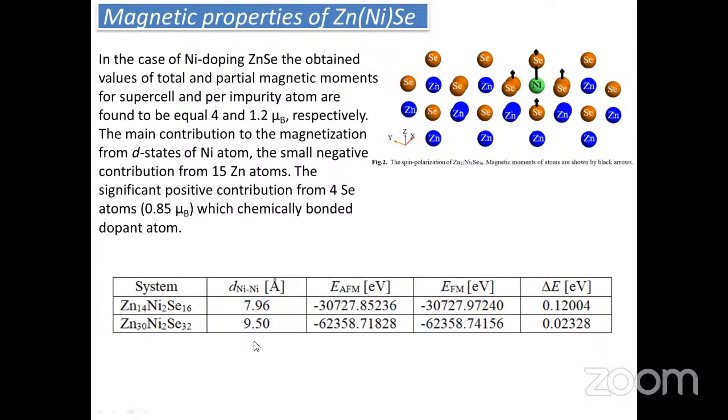In this table, you can see the results of total energy calculations for the antiferromagnetic and ferromagnetic phases, and the results show that the ferromagnetic state is more stable than the antiferromagnetic state for the nickel doped zinc selenide supercell structure.